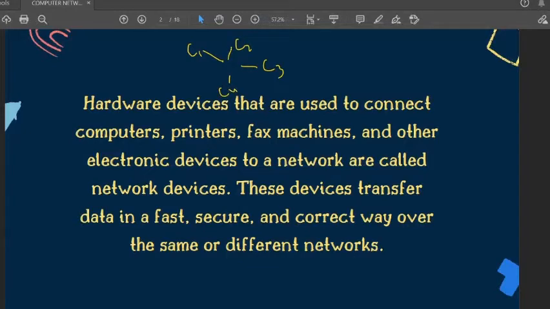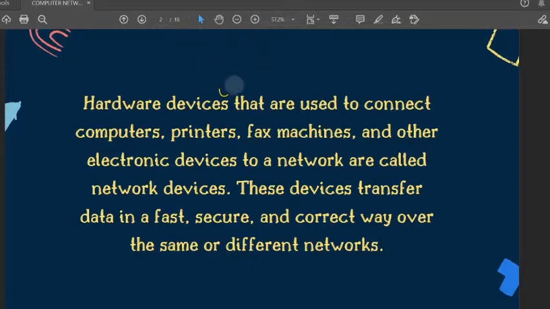In the star topology, we connect the systems and it looks something like this. So what is the thing that is connecting all these devices? That specific hardware device is known as a network device. We are going to see all those things.